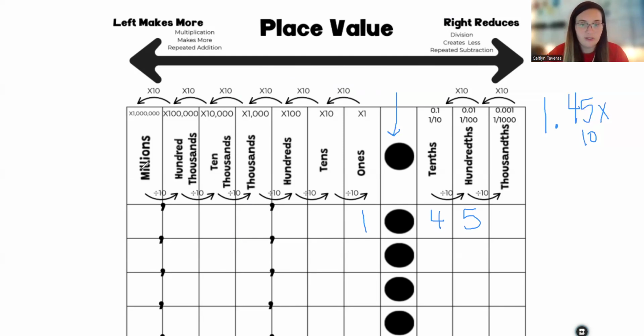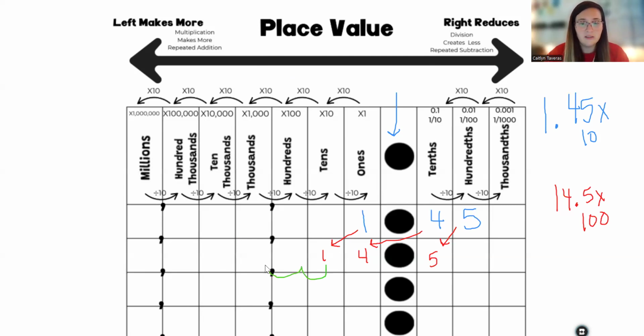So let me change my color to show you. Multiplying times 10 means we're moving that digit 1 place over. So if we're doing 1 and 45 hundredths times 10, it would be 14 and 5/10. Let's say we're doing 14 and 5/10 times 100. That means we're going to shift those numbers to the left 2 places because 10 times 10 is 100.